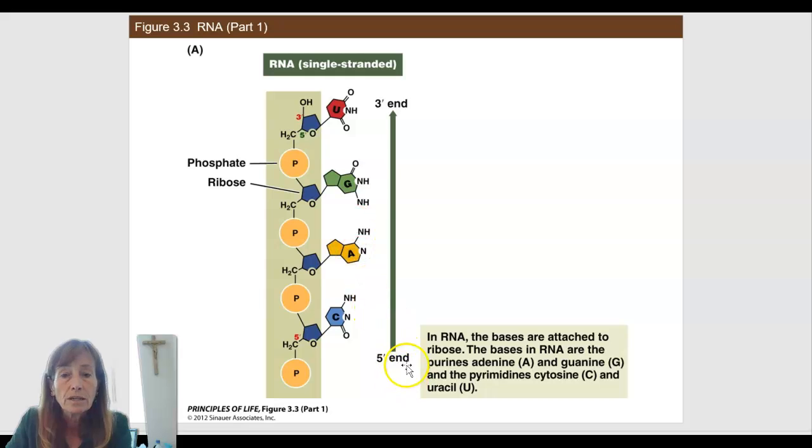Here we see the 5' end on this one is down here. So it's going this direction, 5', and the 3' end is up here at the top. So when we talk about the orientation of this molecule, we can see it running 5' to 3' in this direction.